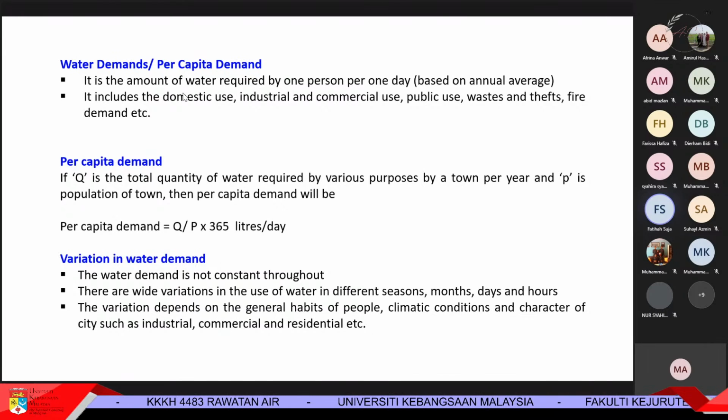Per capita demand matters because in your project you also need to tell me the demand of the water, the total quantity of water required for various purposes by a town. Usually, you can easily find the per capita demand for each country. Malaysia, how much is the per capita demand of your water?